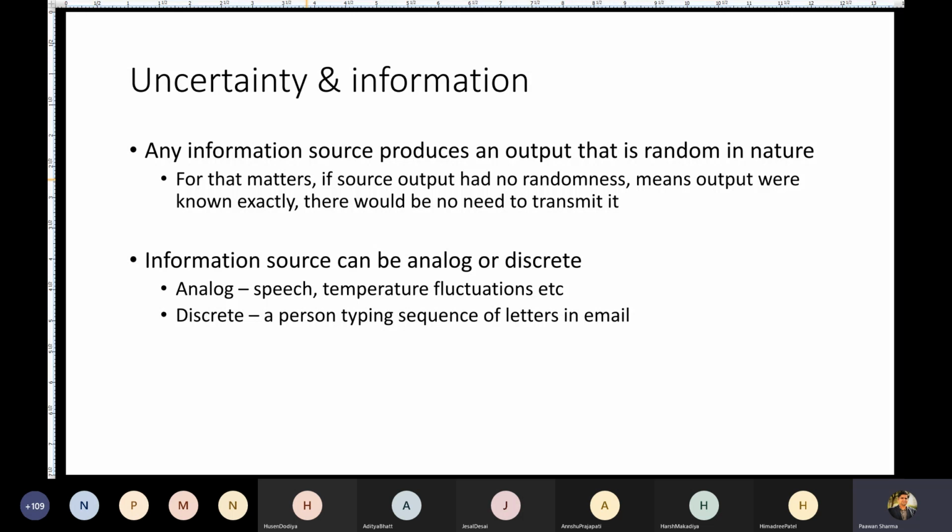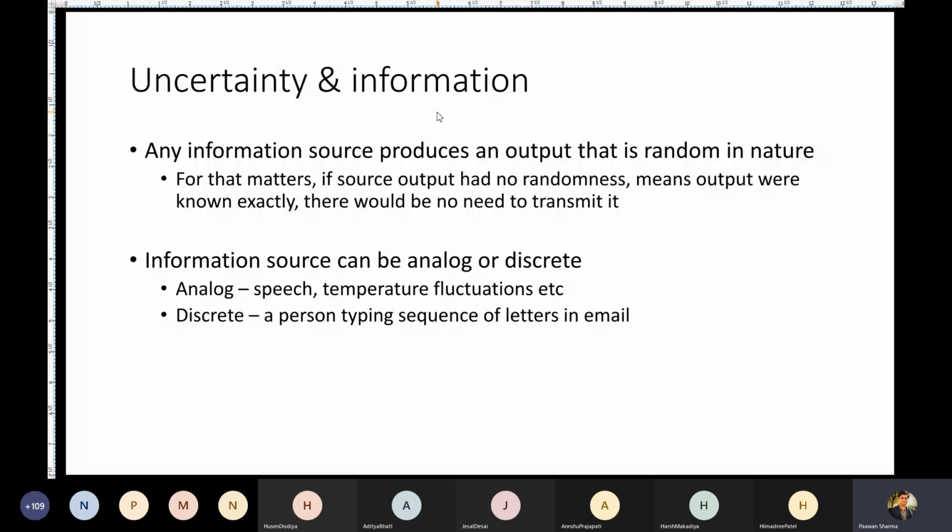I want that information because I cannot say anything about it. So that is the uncertainty. Because of the uncertainty in the value of the temperature on a particular date, I need that information, right? And when you need the information, it is created. That is the relationship between uncertainty and information.